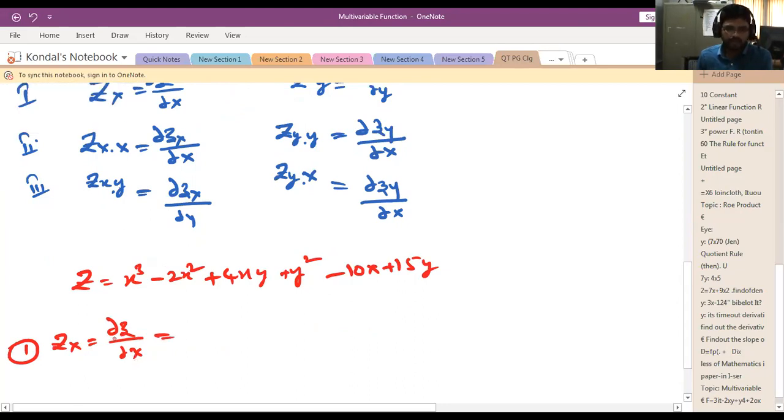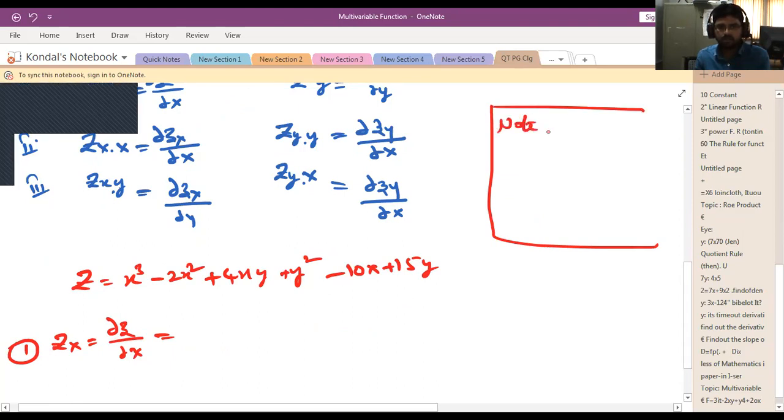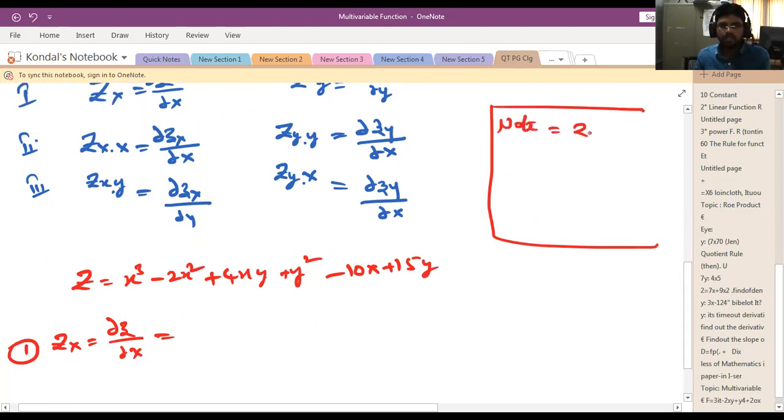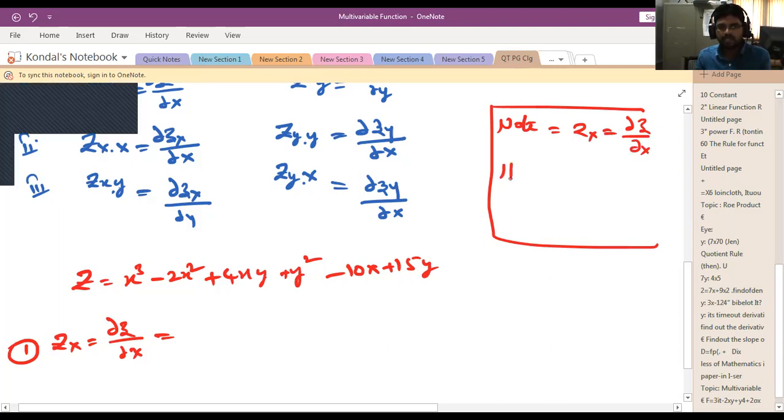Those who didn't attend the previous class, you can take a note here. zx is equal to dou z by dou x. What does it mean? It means the rate of change in z due to changes in x. How much the quantity changes in z due to changes in x only.